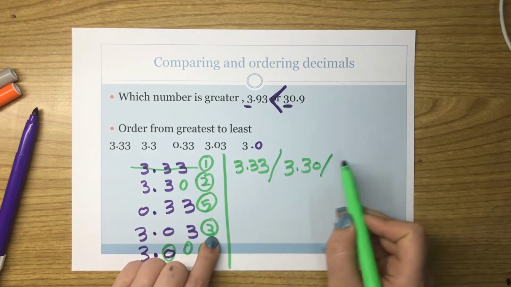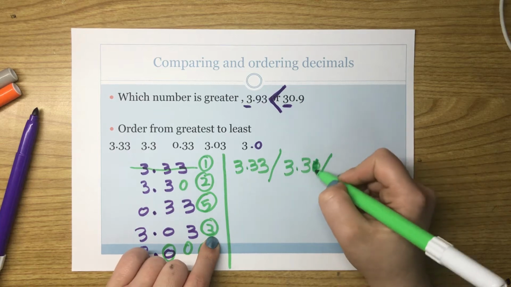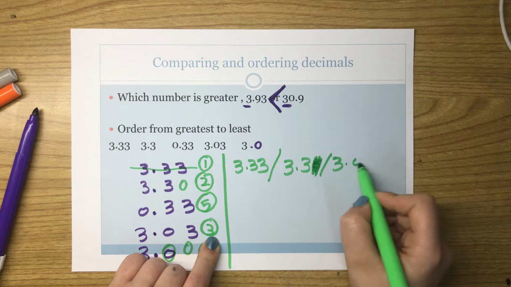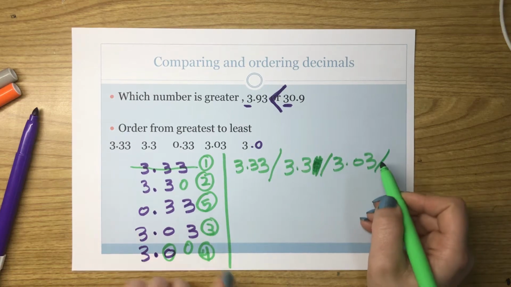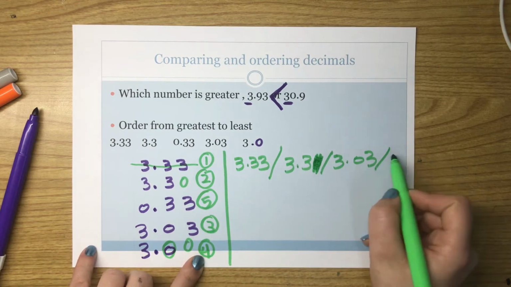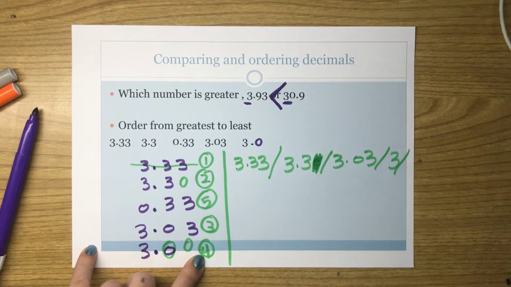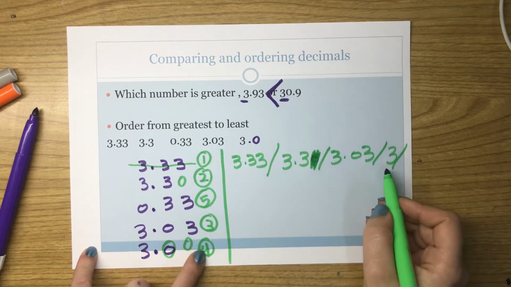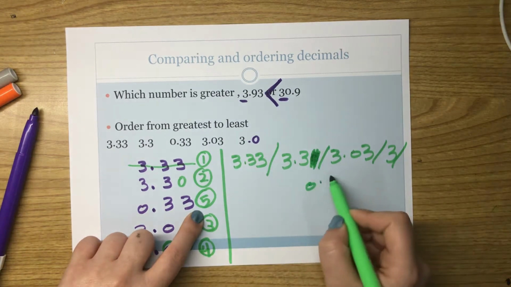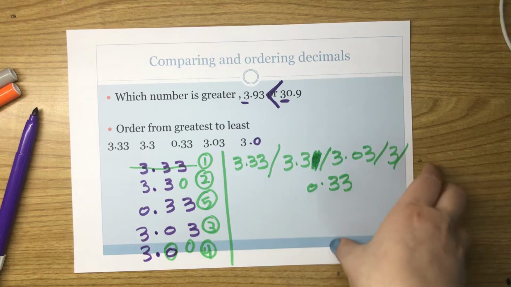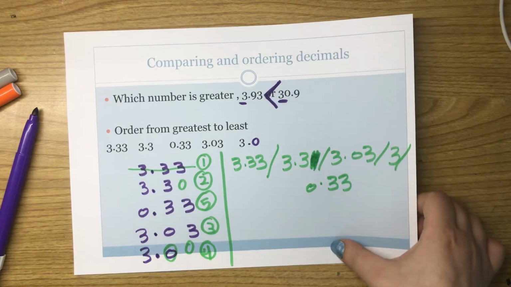The third one is, original shape, 3.3. Here's 3.03. The fourth one is 3, because in the question it was 3 only. And the last one, the fifth one, is 0.33. Okay, guys? This is how to order and comparing decimal numbers.